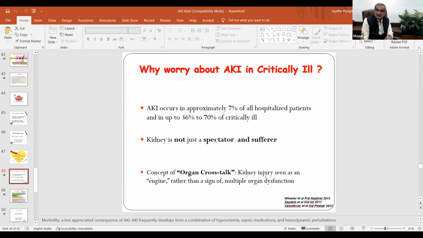That means kidney injury is seen as an engine rather than just a sign of multiple organ dysfunction. So it becomes an integral part of multi-organ failure. And if the kidney is not working, it will have an effect on the other organs, and vice versa. So this is the concept of organ crosstalk.